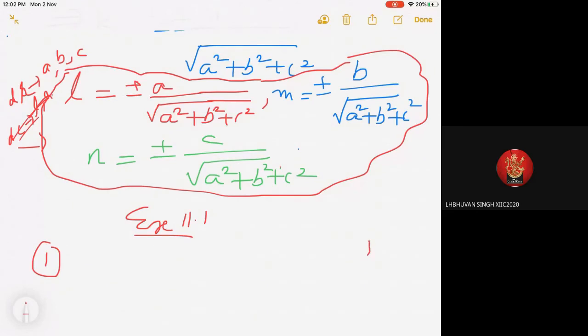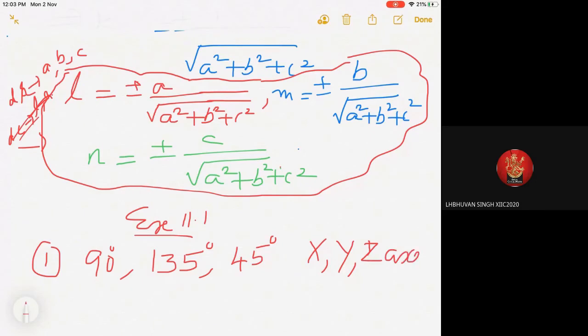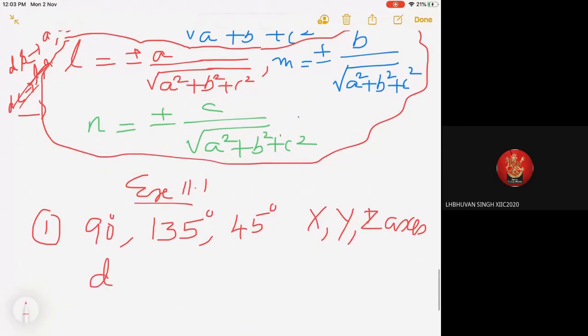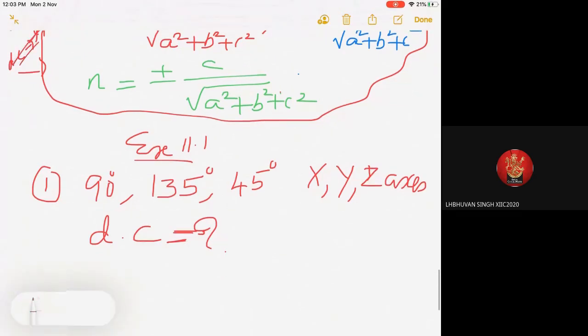If a line makes angles 90 degrees, 135 degrees, 45 degrees with the x, y and z axis respectively, find the direction cosines. This is the question. Please refer to the textbook also. It is a direct question.